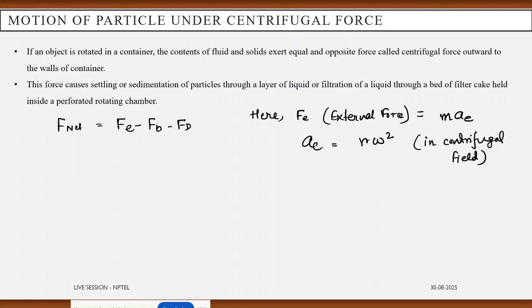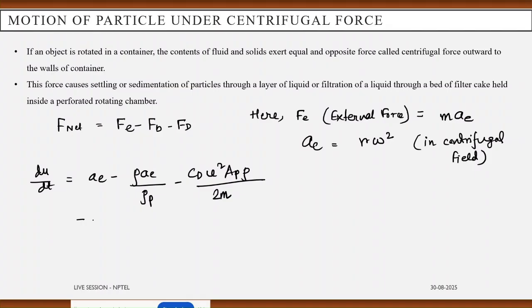So the equation that we got is du by dt equals ae rho ae by rho p minus cd u square ap rho divided by 2m, with r omega square as the acceleration.